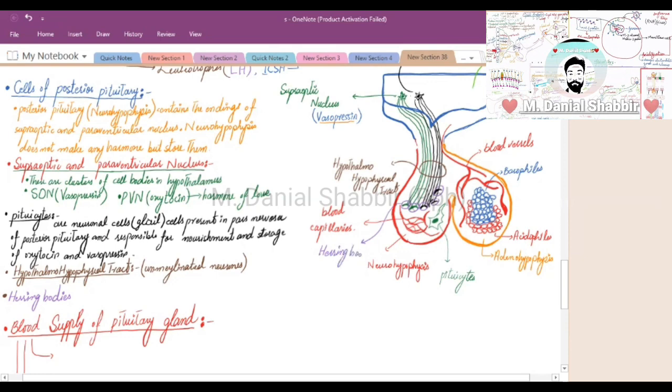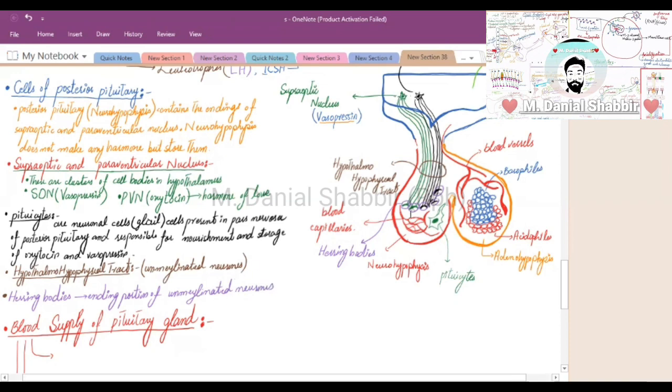These are the ending portion of unmyelinated neurons. Okay, this is all about the posterior pituitary.